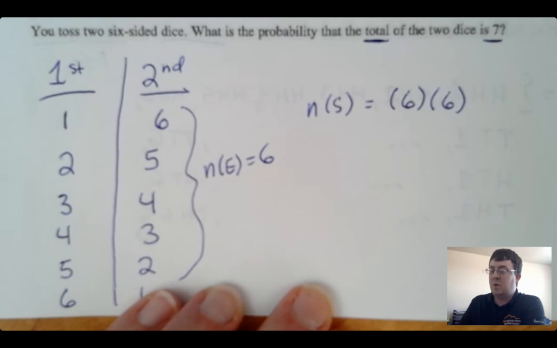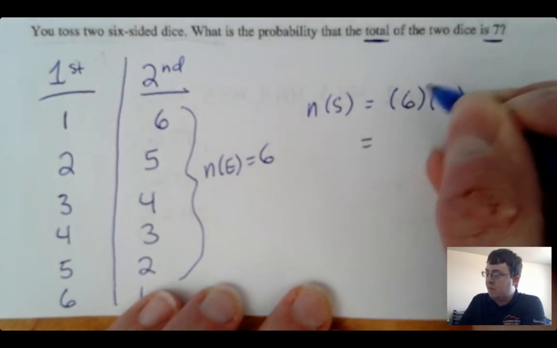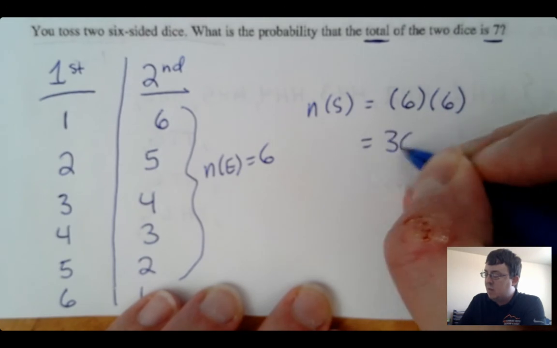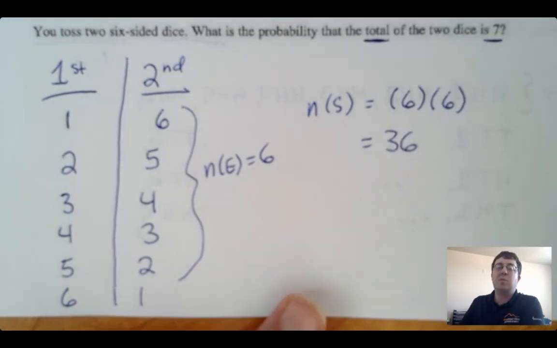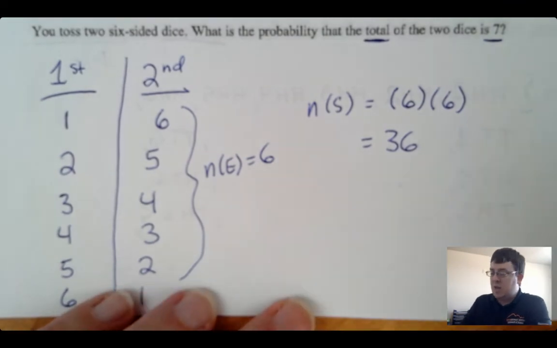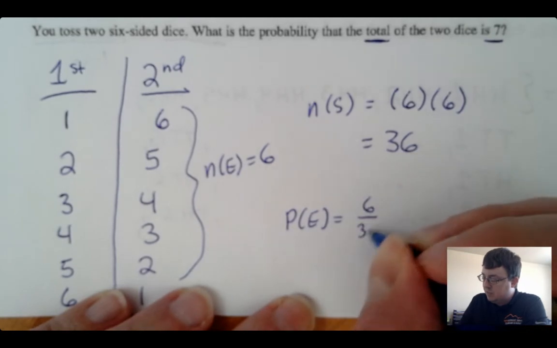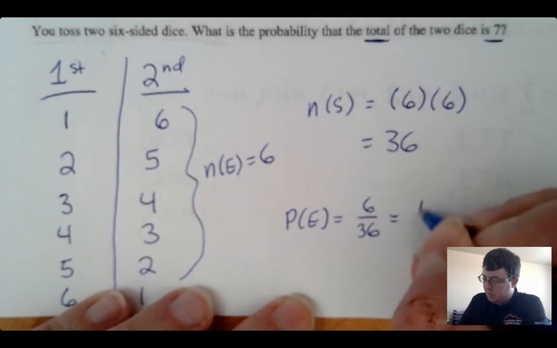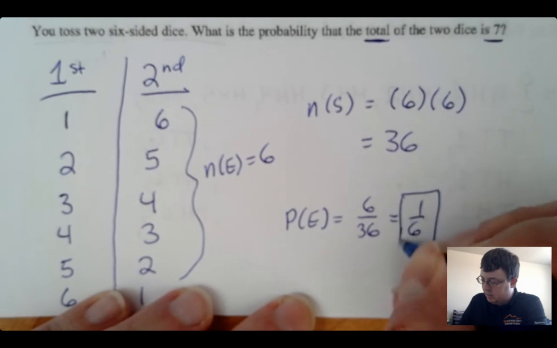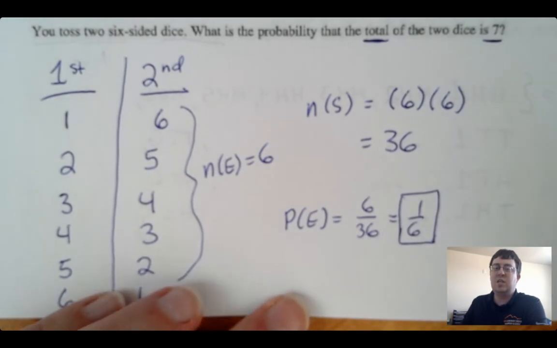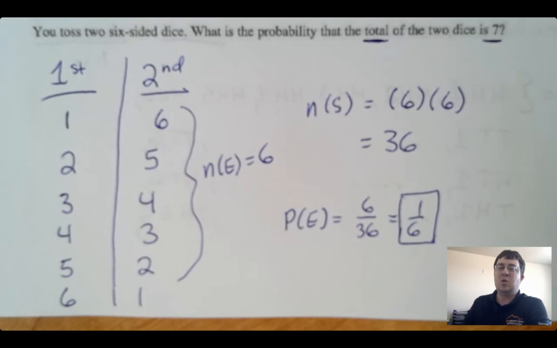And from the fundamental counting principle, if I multiply them together, there are then 36 total outcomes of rolling 2 dice. 1,1, 1,2, 1,3, 1,4, 1,5, 1,6, etc. There are 36 different ways of doing that. So my probability is the division of the two. 6 over 36, which reduces to a 1/6 chance. So you have a 1/6 chance of getting a total of 7 on your dice.